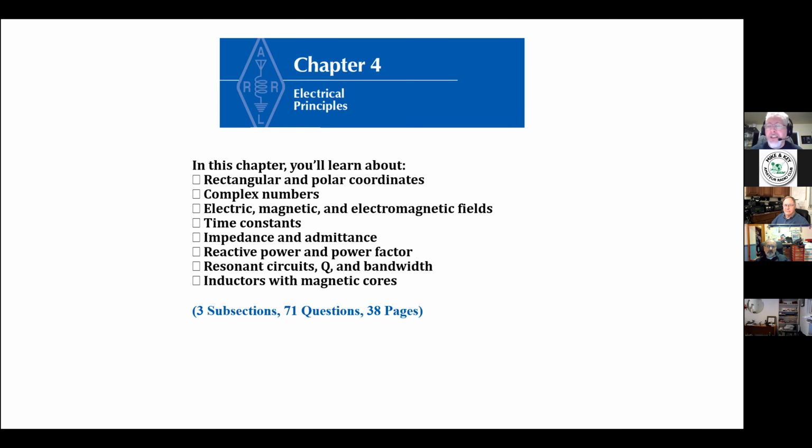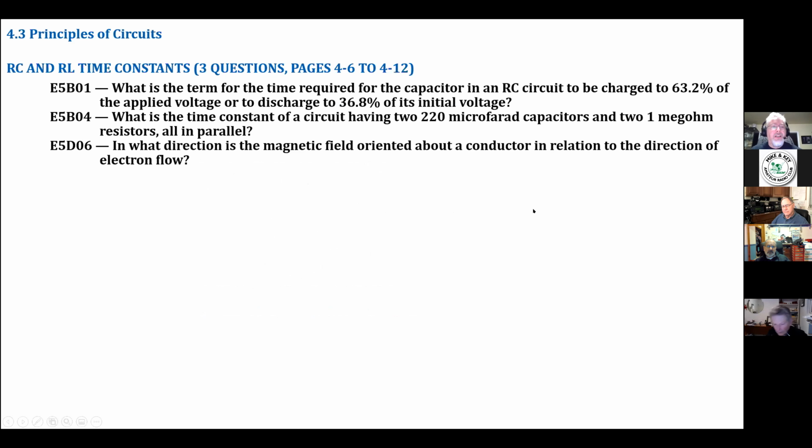So our first area is RC and RL time constants, and there's 3 questions.